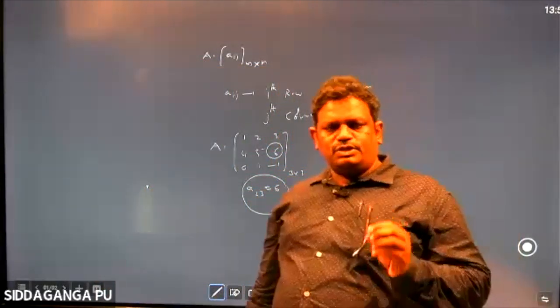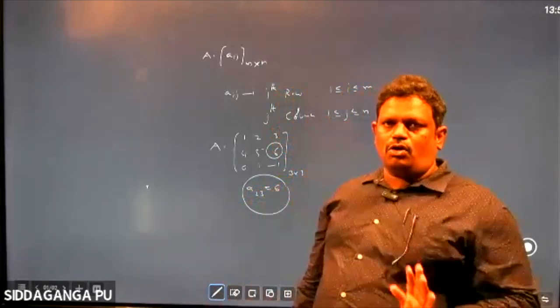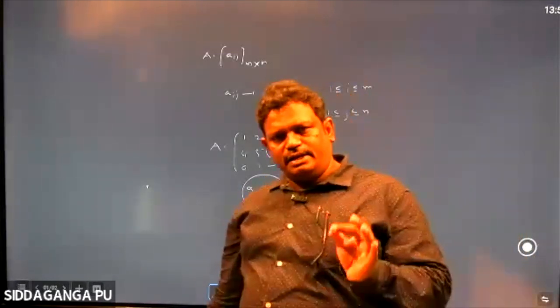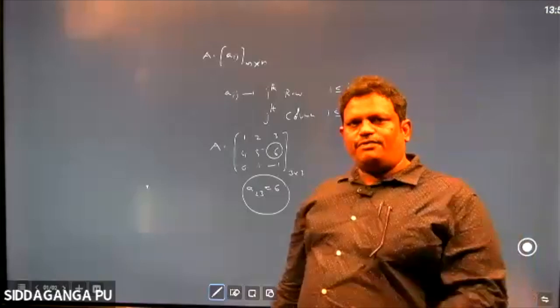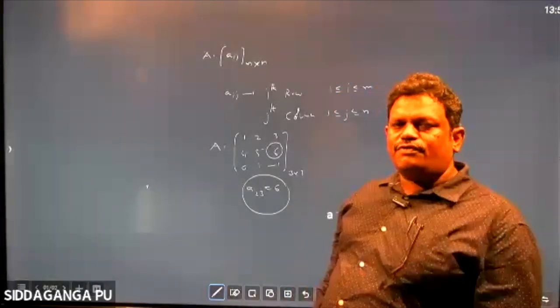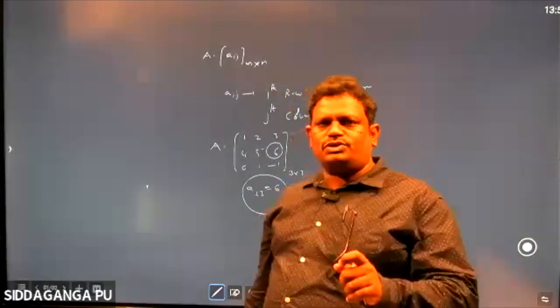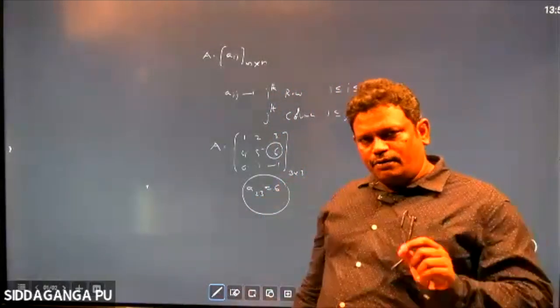A matrix is a rectangular arrangement of numbers in rows and columns, enclosed between open and closed brackets. The order of a matrix is the number of rows by the number of columns.